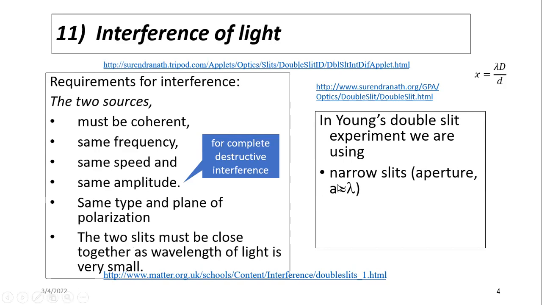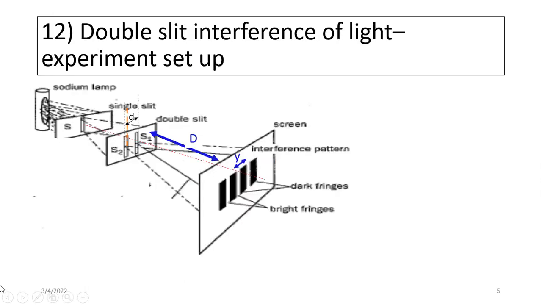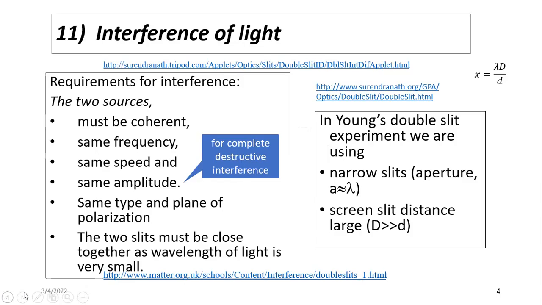That means our aperture size is almost equal to the wavelength. And the screen to slit distance is very much greater than the slit separation. Right? We will introduce all the terms in a while.